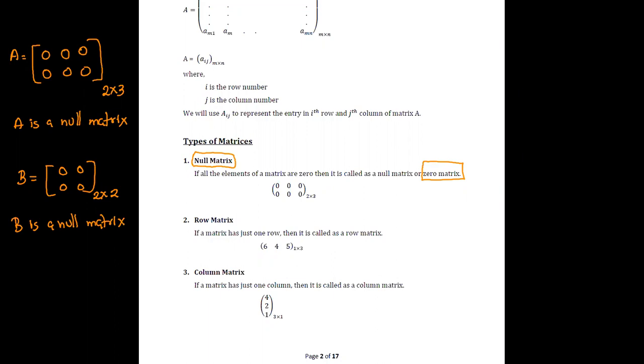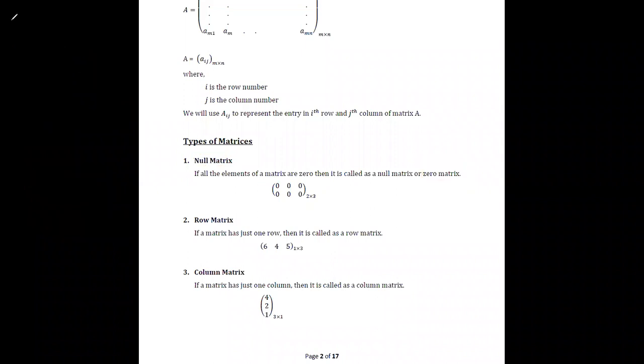And the next type of matrices I am going to discuss here is the row matrix. At the beginning of this session, I told you that a matrix is a rectangular array of numbers. If you look at the second type of matrix, it says that this is a row matrix.